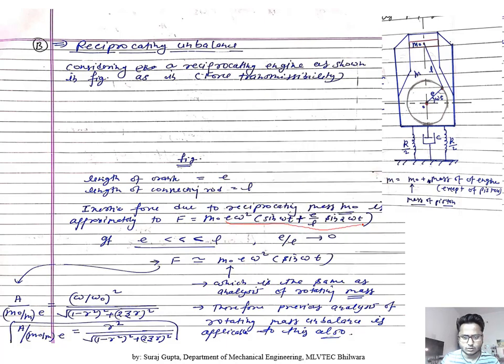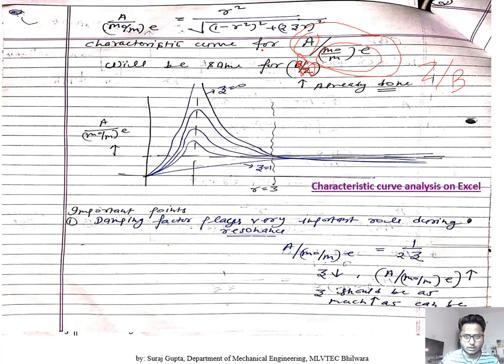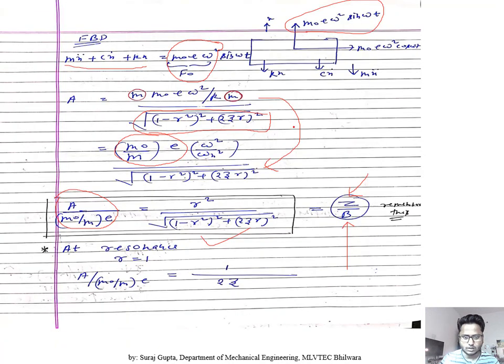This term is known as the acceleration of the reciprocating body, here the piston. So total force is mass into acceleration. So this is the inertia force, and this inertia force will be the same as per the D'Alembert principle.